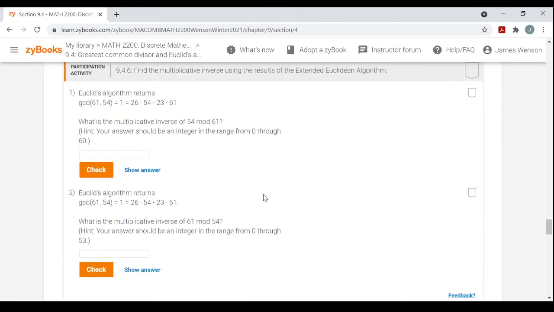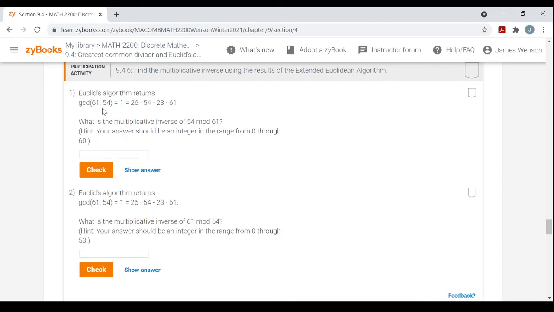All right, so they give you some examples where they already write them out for you. Again, I'm not going to go through this, based on seeing my 2 previous examples. You should be able to do this after some practice, some exercises. But the greatest common divisor of 61 and 54 is 1. All right, they're relatively prime. So they should have inverses mod each other.